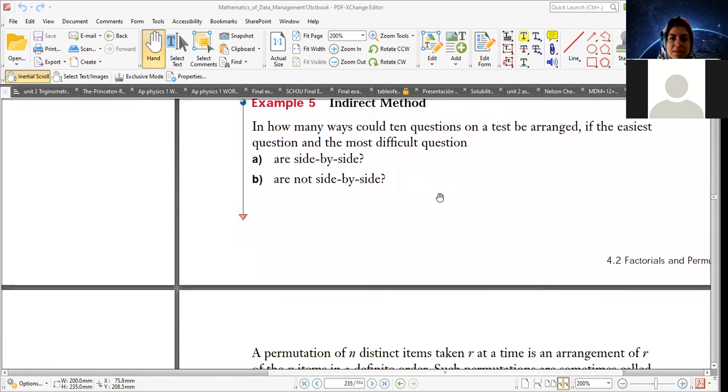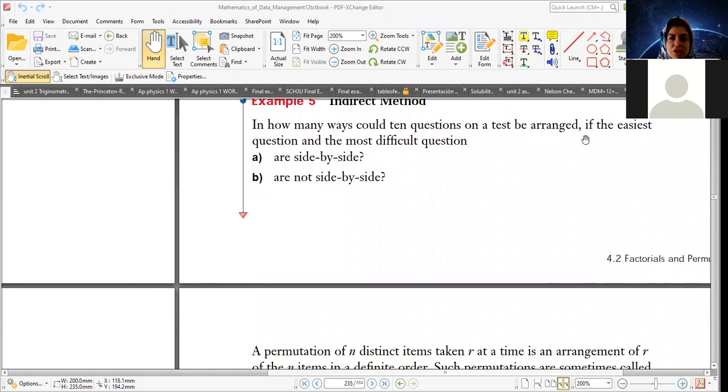How many ways could 10 questions on a test be arranged if the easiest question and the most difficult question are side by side? So there are 10 questions, right? Just imagine you have 10 of them: 1, 2, 3, 4, 5, 6, 7, 8, 9, 10.